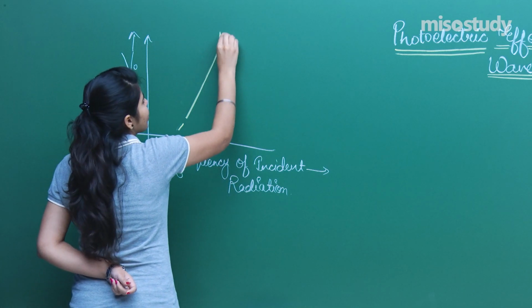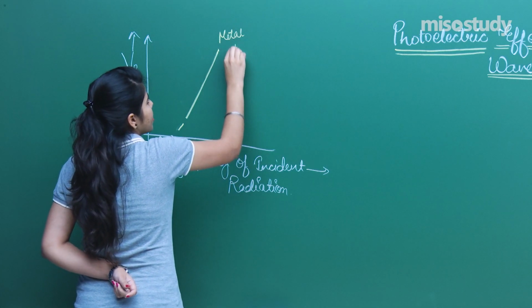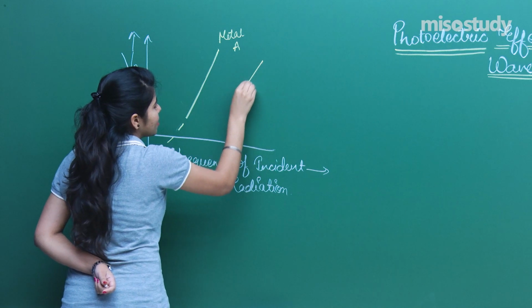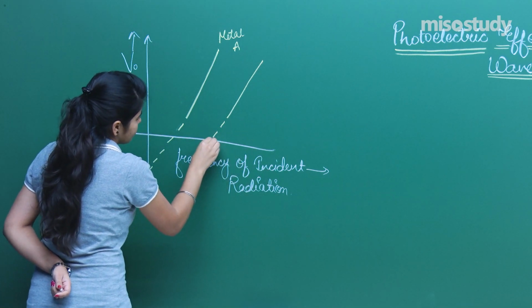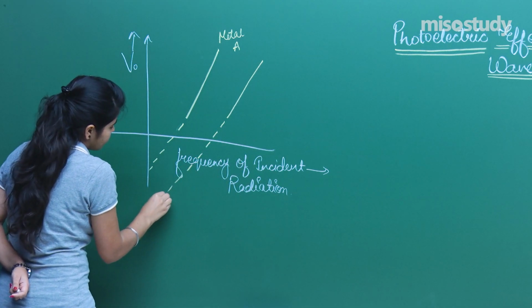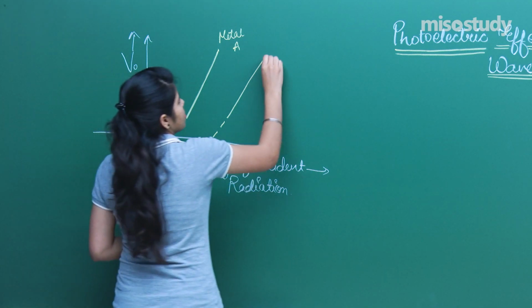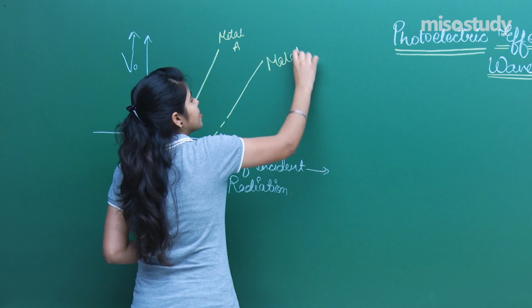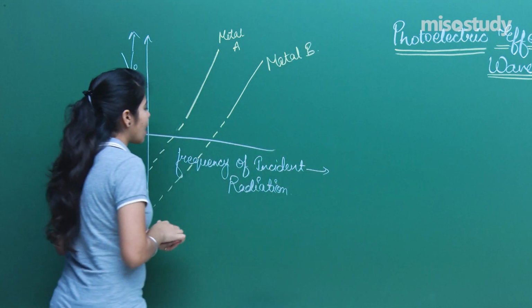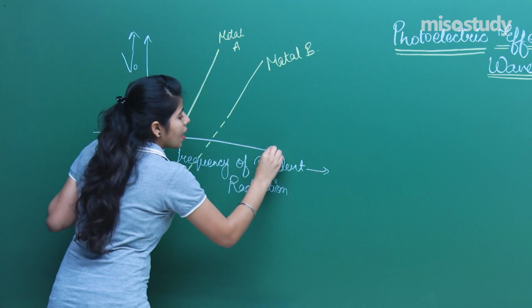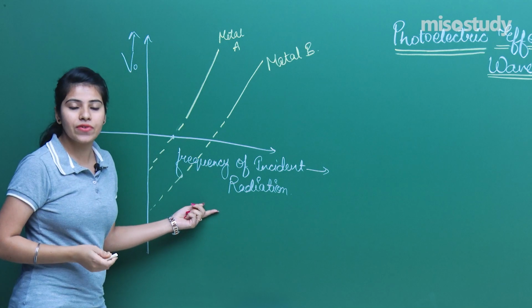Say this is metal A and this is metal B. So what did we see in this graph? We saw that this is the axis that is representing the frequency.